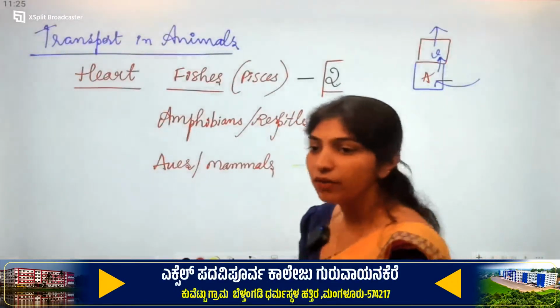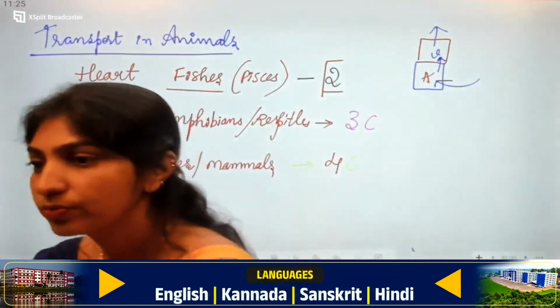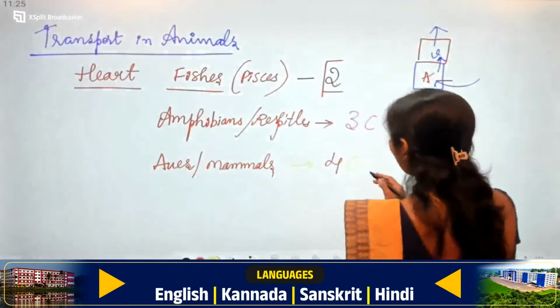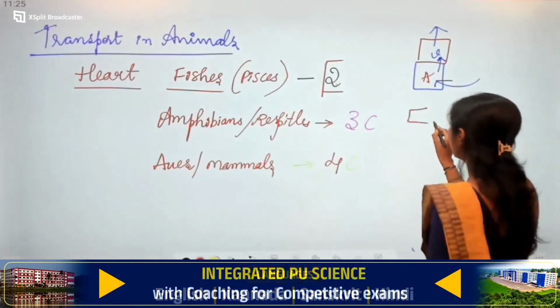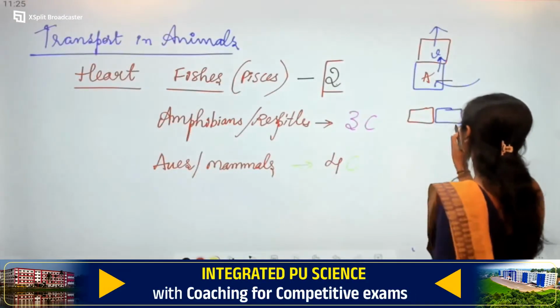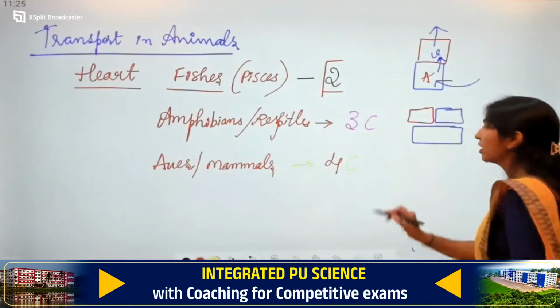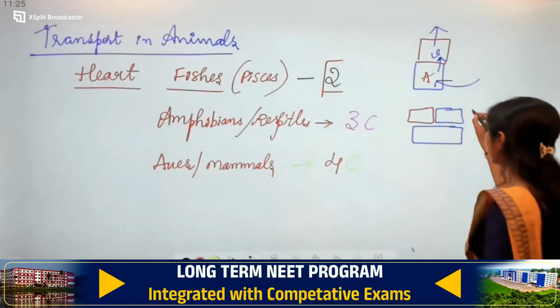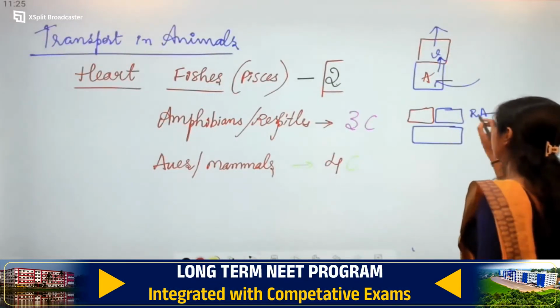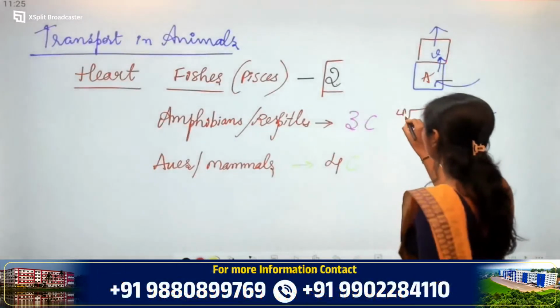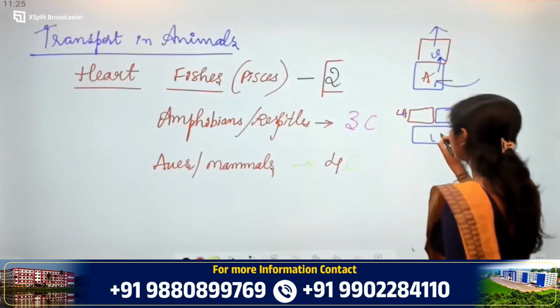Now coming to the next one, in amphibians and reptiles you can say they have a three chambered heart. The three chambers look somewhat like this: this is the right atria, this is the left atria, and this is one ventricle.